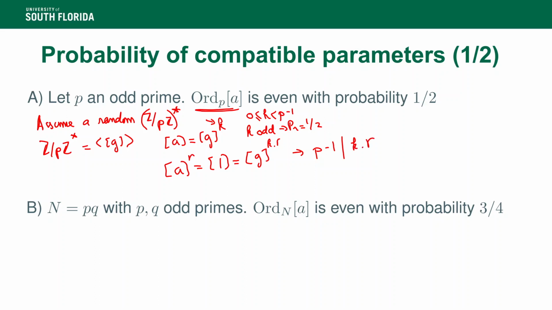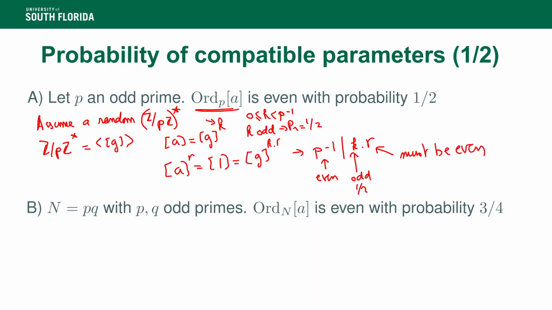But P minus 1 is even, always, but with probability 1/2, K is going to be odd. Therefore, whenever K is odd, which happens with probability 1/2, R must be even.